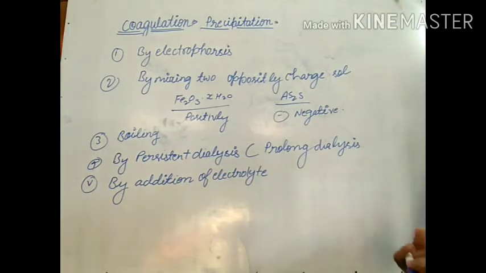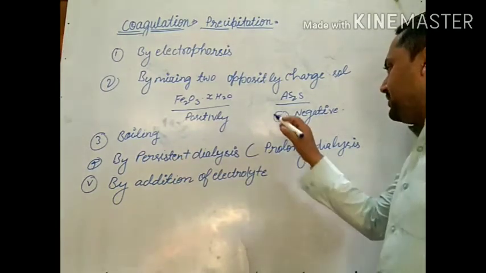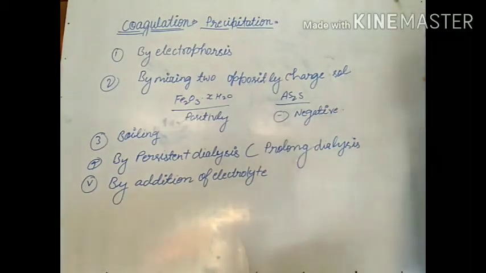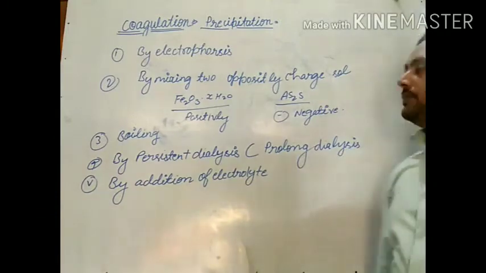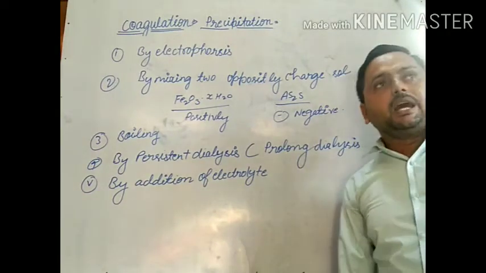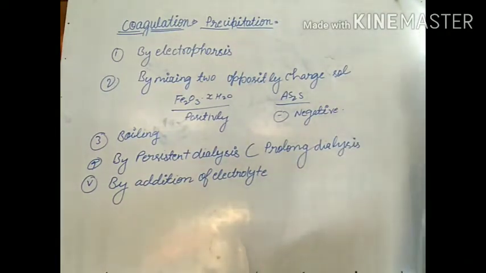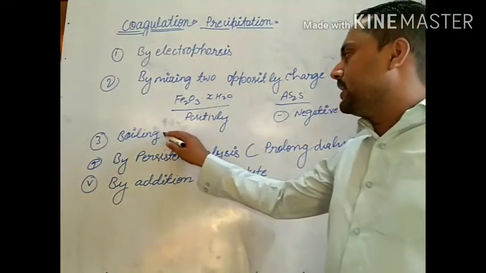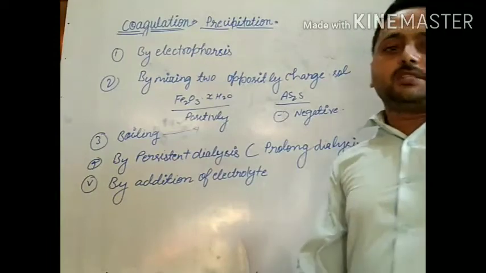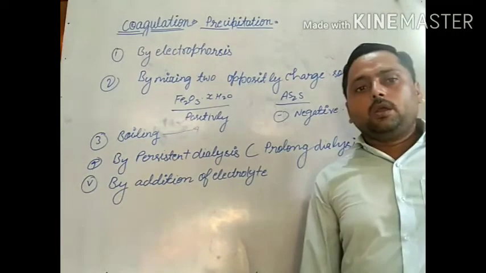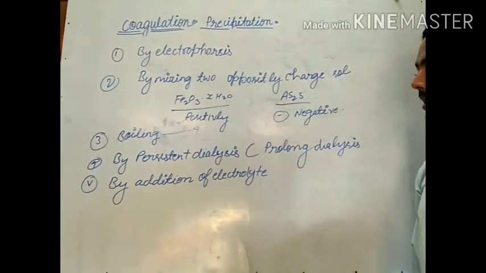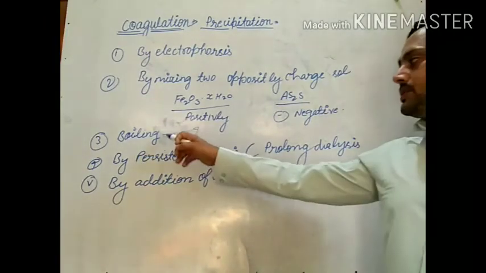When a positively charged colloid is mixed with a negatively charged one, they neutralize each other and form precipitate. By boiling, the dispersion medium, like water, may disappear, so the dispersed phase particles remain in the container, and we can coagulate.